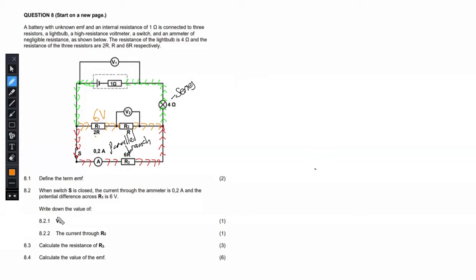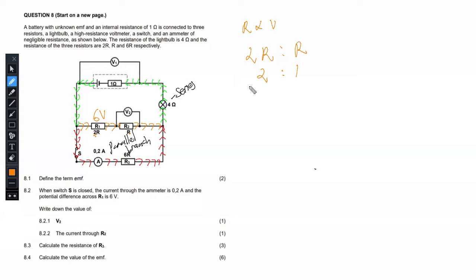Now write down the value of V2. We know the relationship between resistance and the voltage has to be directly proportional. So if we check the ratio here, we have 2R to R, which simplifies obviously to 2 is to 1. So the ratio is 2 is to 1.